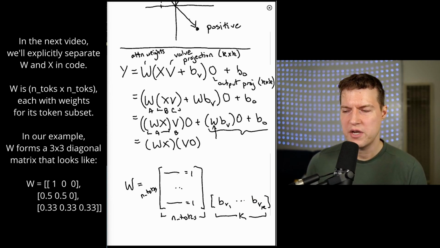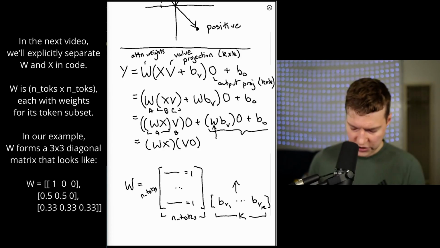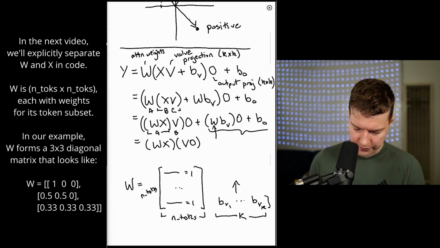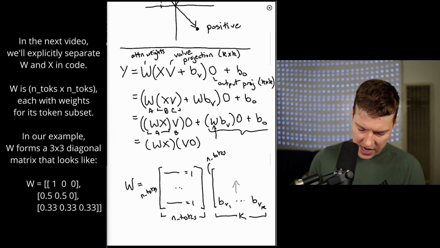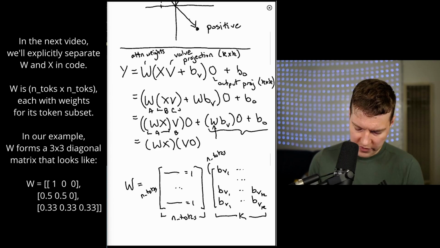These are constants. And so when we do this matrix multiply in NumPy, we're going to actually broadcast it up. So we're going to end up with n tokens rows, and we'll just copy these constant vectors upward. So you can probably see where this is going, maybe.